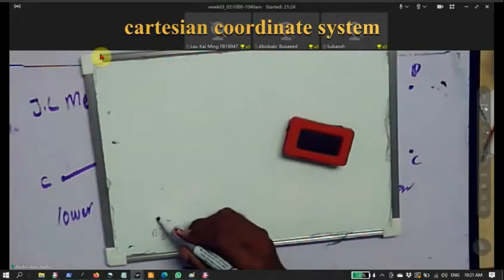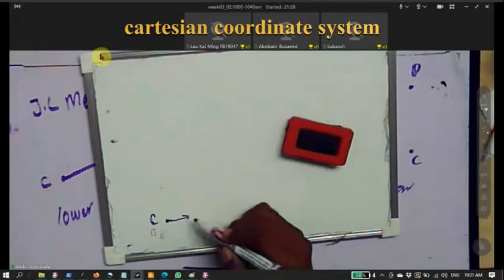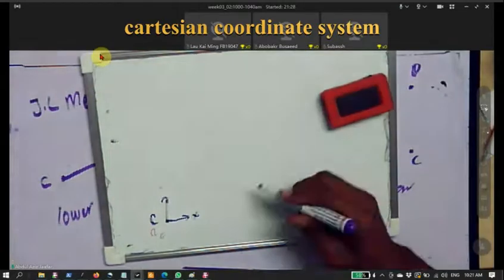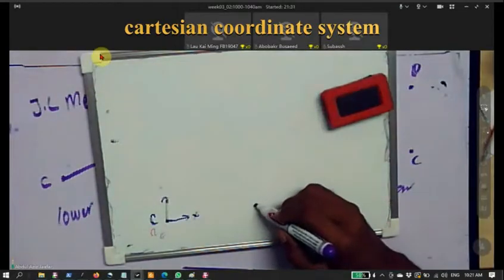We have point C, this one is X, this one is Y, and our system is moving in that direction.